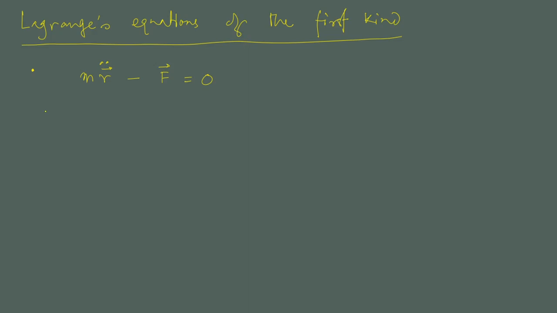So, we consider this particle again, and now let us suppose that apart from an external force, we also have constraint forces acting on the particle, and there are two constraints. Let's say one is a function of position and time, and we know this is a holonomic constraint.